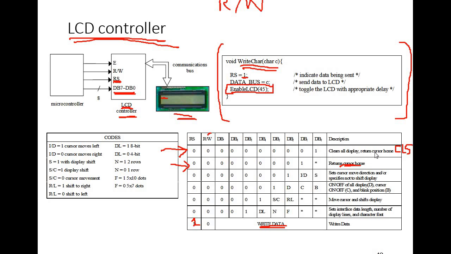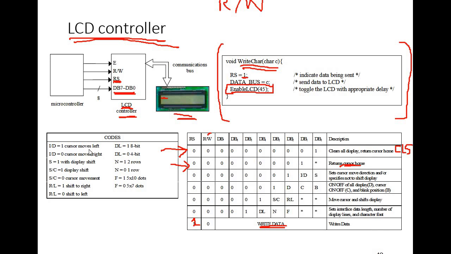Clear the display and return the cursor home. Similarly, this is the command for only returning the cursor home. This is the command for moving the cursor in a particular direction. This is the command to turn the LCD display on or off, or blink the cursor at the position, and similar to this. Now over here, this RS bit is 1, so we are writing data in this particular line. Okay.